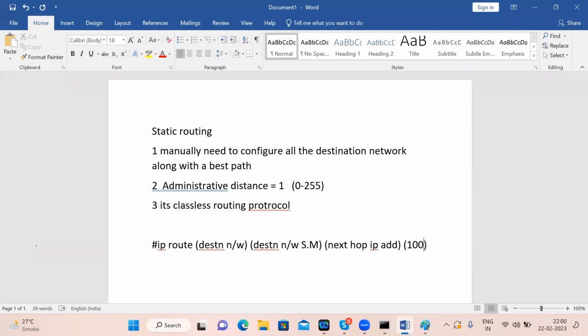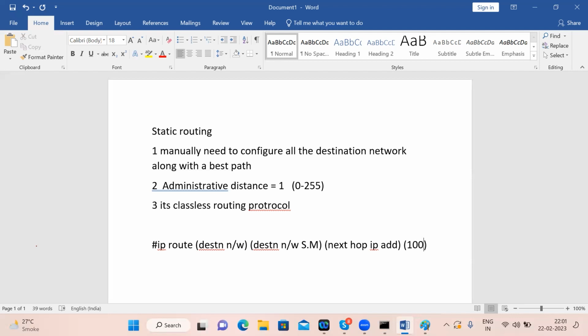If you are good in CCNA, then you know how to configure it, because there is nothing advanced in static routing protocol. It is very little. Any doubt regarding static? No, sir.